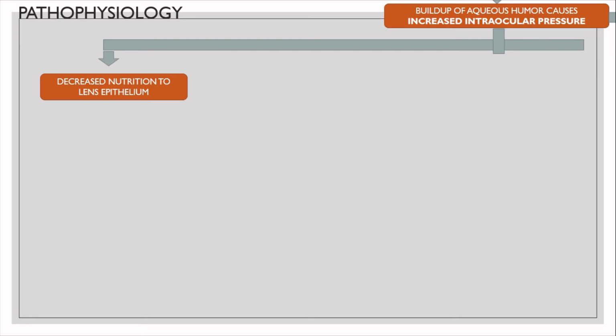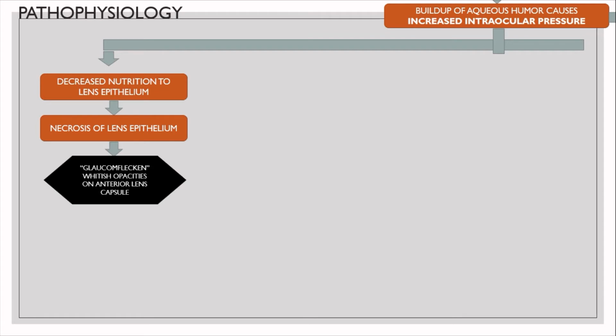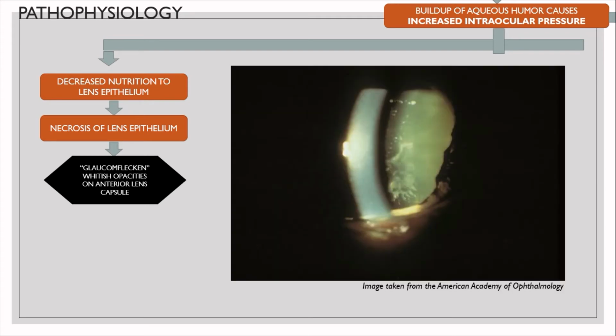Less energy is basically less ATP, and this can cause necrosis of the lens epithelium. And we can actually see this as Glaukomflecken, or whitish opacities on the anterior lens capsule. We can see that in this image. These whitish opacities are one of the signs of lens epithelium necrosis.